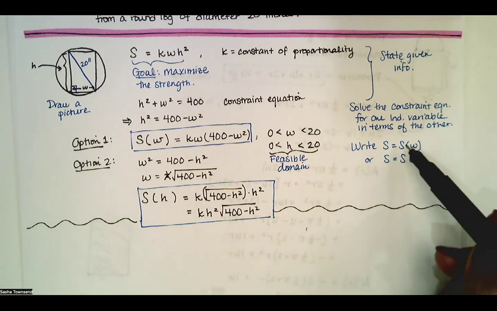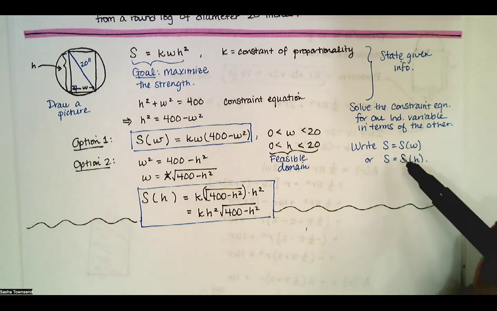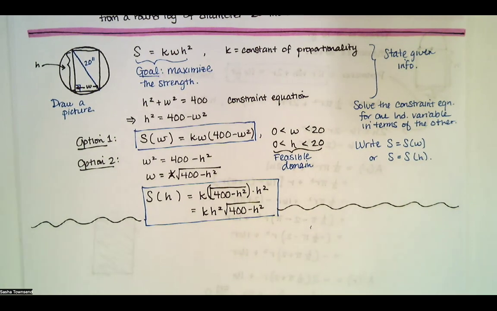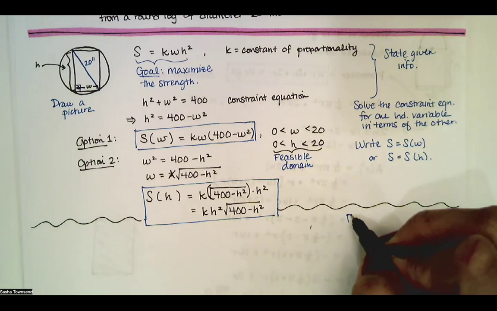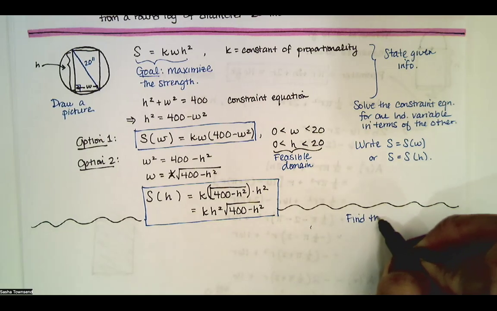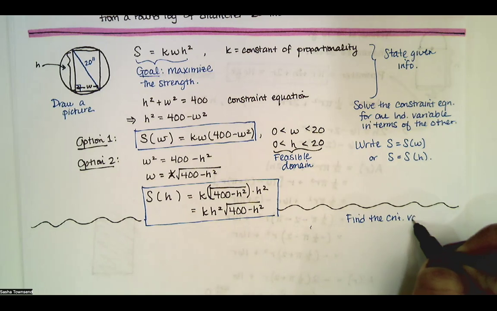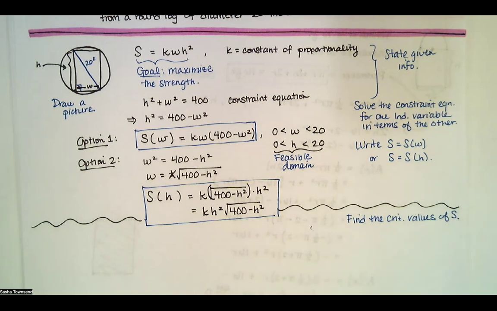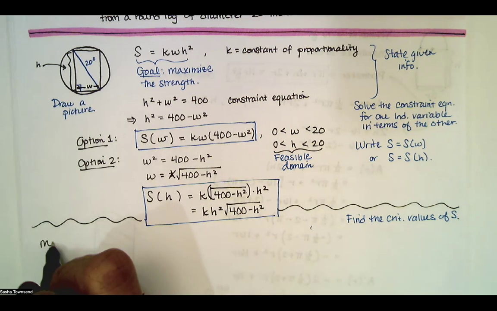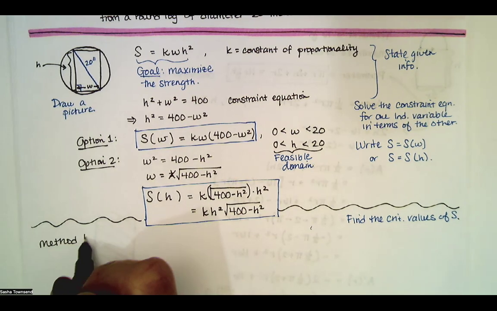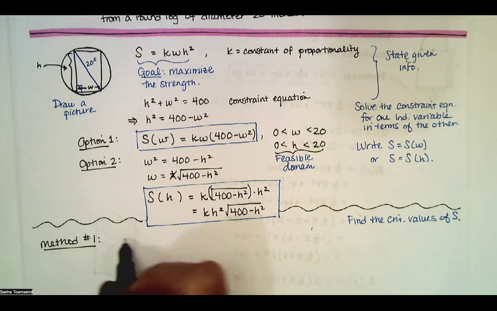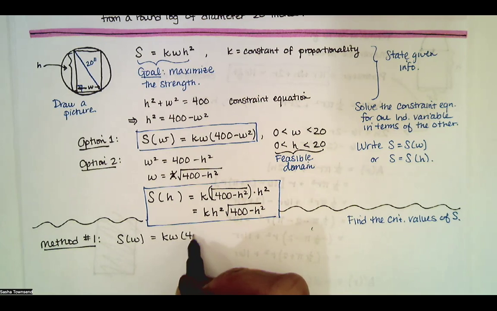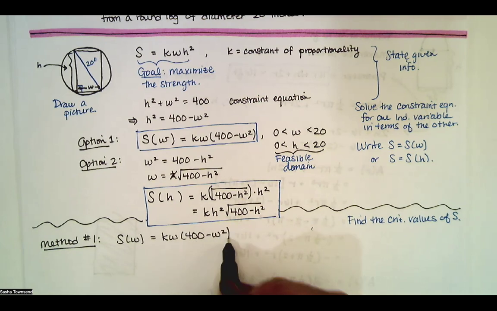Okay, so we've got our function, the objective function, as a function of one variable, and now we'll optimize it. That requires finding the critical values. Using option number 1, we've got S of W equals this constant times W times 400 minus W squared.